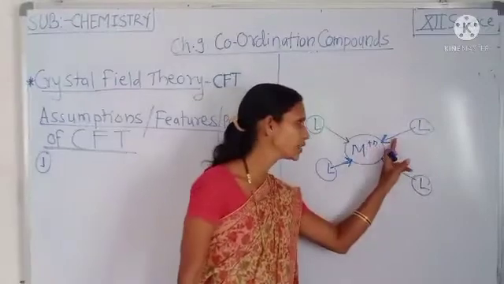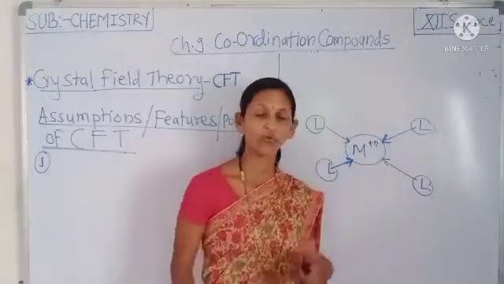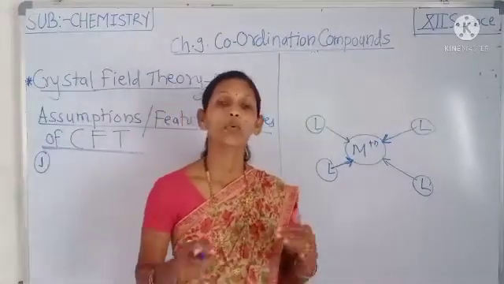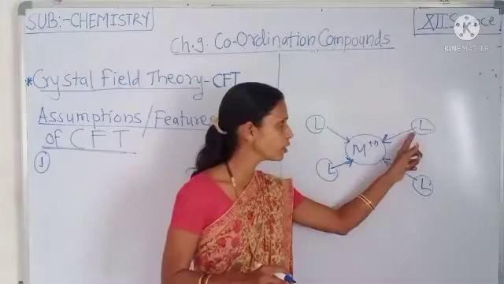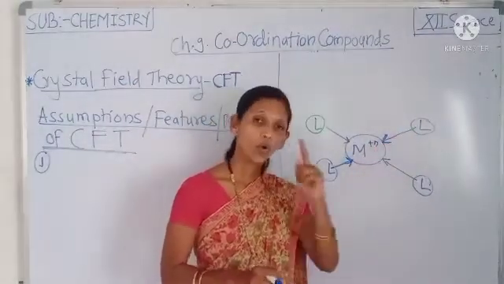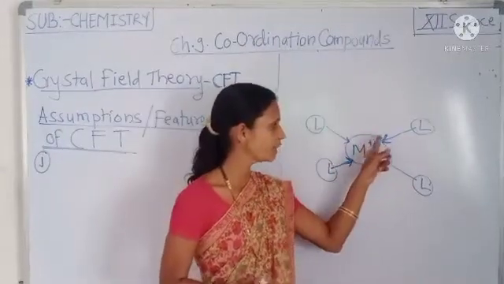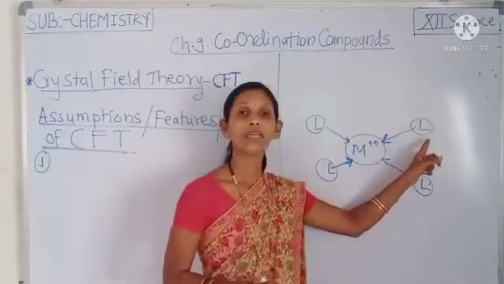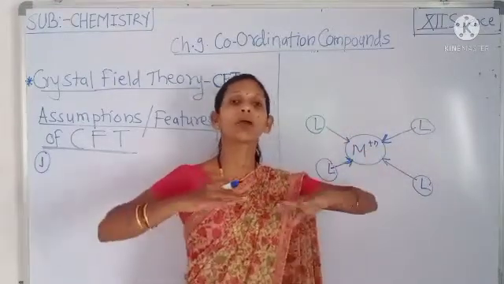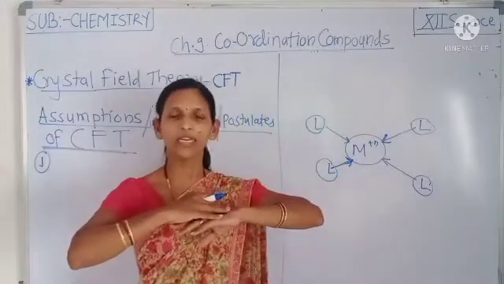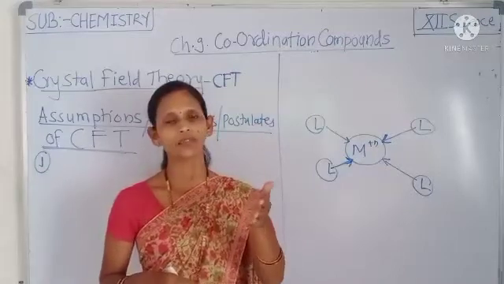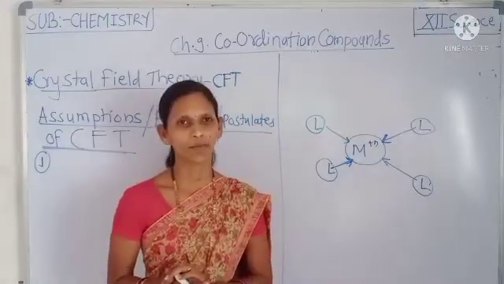That means the nature of that bond is covalent. Covalent nature, as all of you studied in the previous lecture, means an electron pair is shared between ligands and metal ion, and orbitals of the metal ion overlap with orbitals of the ligands. That means overlapping of orbitals takes place between metal ion and ligands, and an electron pair is shared during formation of coordination compounds.